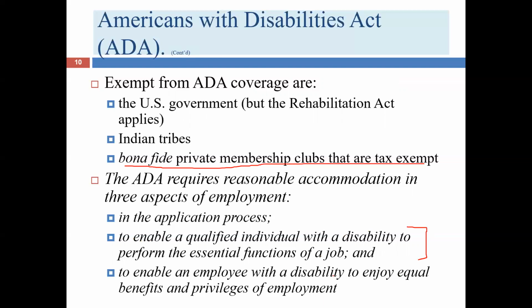And then the final thing is something we haven't talked about so much in our other statutes because it wasn't as applicable. And that is making sure that the employee has access to all of the benefits of employment. And we'll see how that plays out with certain types of disability, how they can interfere, unless a reasonable accommodation is offered, can interfere with that employee's enjoyment of related aspects of employment.